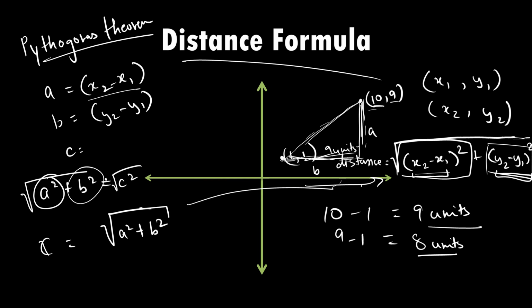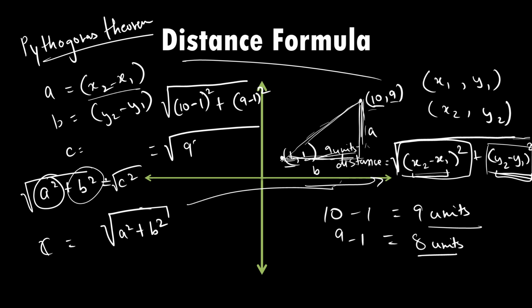Now moving on to finding the distance between these two points, we can directly plug in our formula. What is x2? x2 is 10, and x1 is 1. So it is (10 minus 1) squared plus (y2 minus y1), which is 9 minus 1, squared. What are we going to get? 9 squared plus 8 squared.